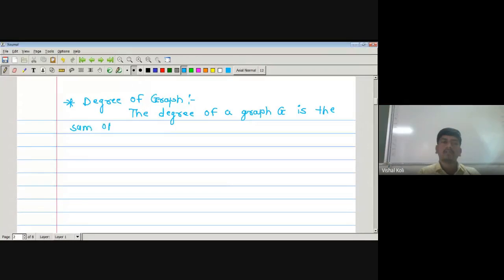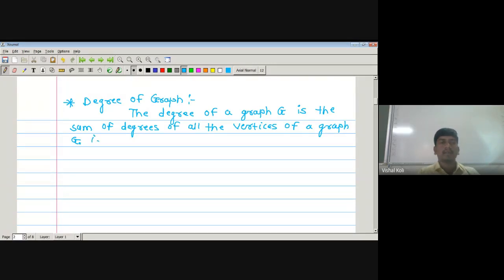Degrees of all the vertices of a graph G. Okay. So what should be the degree of a graph? The degree of a graph is nothing but the sum of degrees of all the vertices of a graph G.